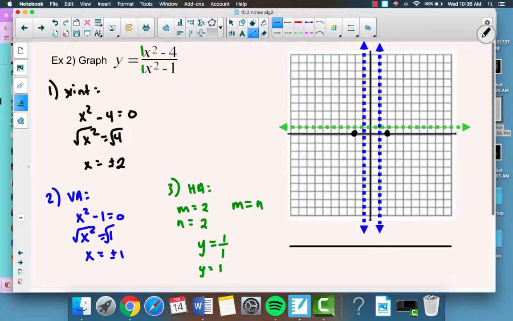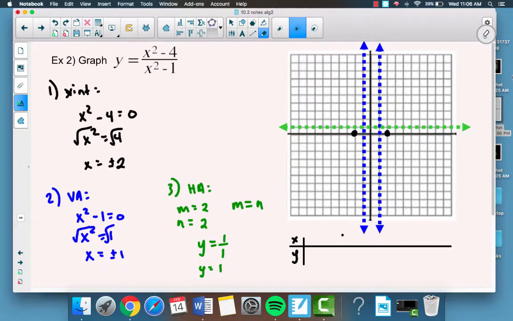All right, so I'm going to make my table just like I've done before. When I make my table, I have to make sure that I pick numbers to plug in that are on each side of my vertical asymptotes. So I need to pick numbers to the left, in the middle, and to the right. To the left, maybe something like negative 1.5, maybe negative 4.